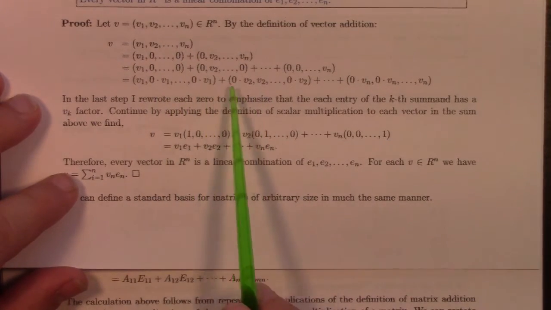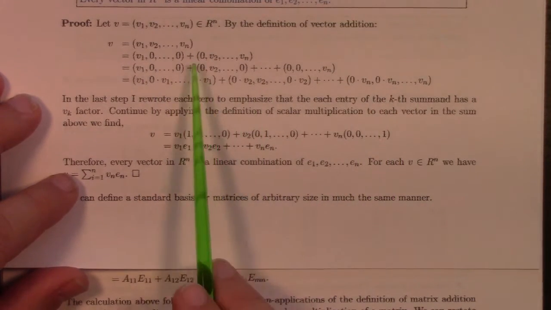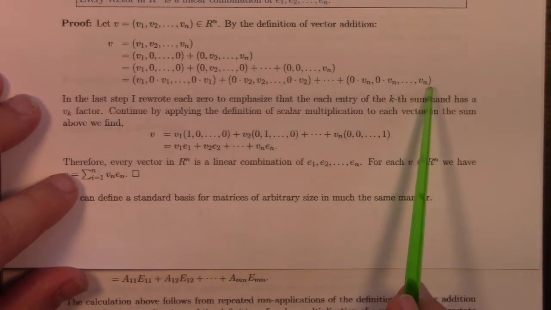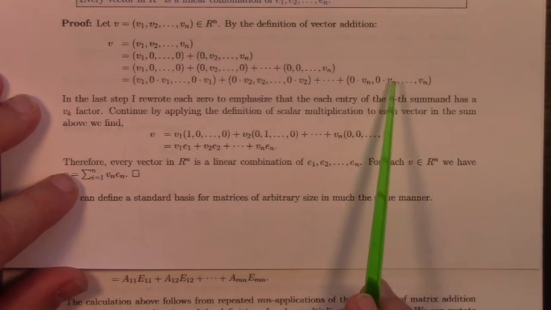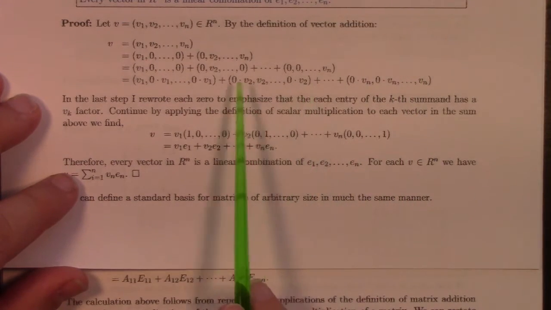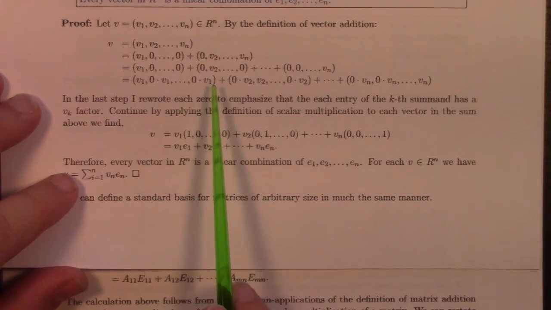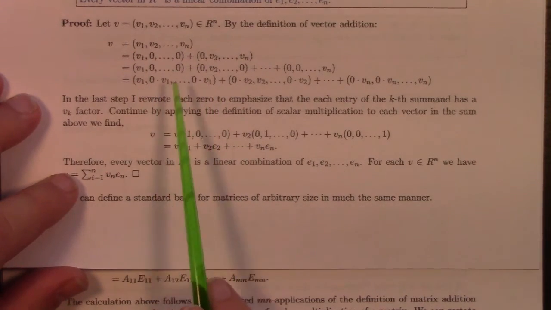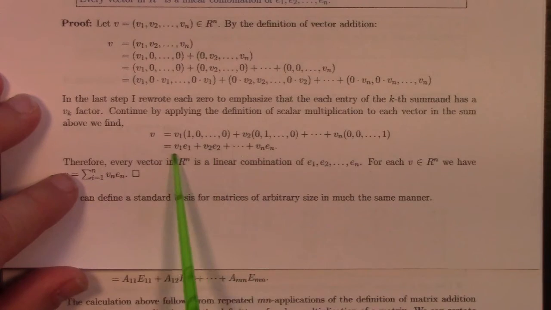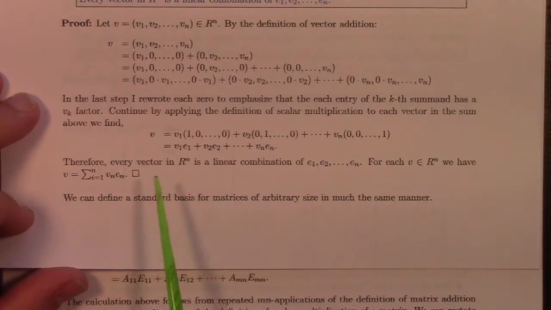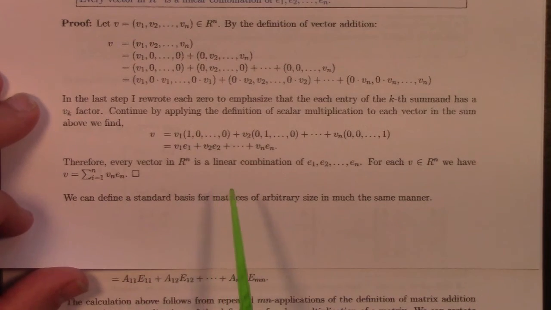Formally speaking, perhaps I need an induction, but maybe I'm being lazy. Anyway, after a while you see that you've got a vn in every component here, multiplication by v2 in every component here, scalar multiplication by v1 in every component here, and then you can pull out the v1, pull out the v2, pull out the vn, like this. And there you go, v is v1 e1 plus v2 e2 plus through vn en. That shows you that every vector in R^n is a linear combination of e1 through en.